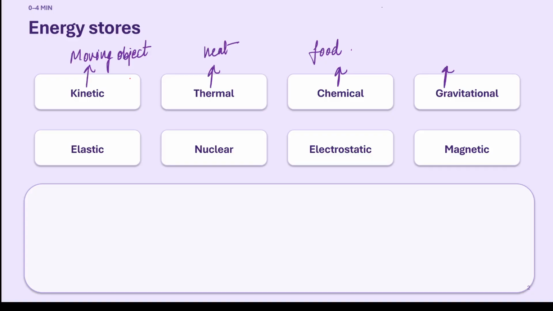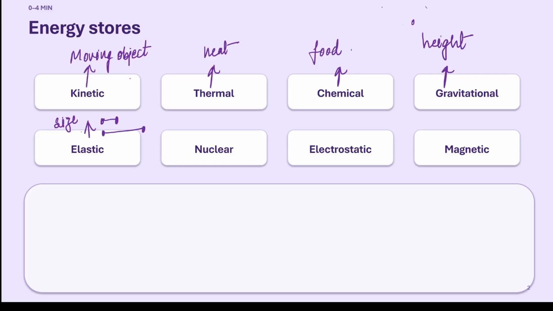Say if somebody is on the 10th floor, they will have more gravitational potential energy as compared to the person who is on the 5th floor. Elastic potential energy is because of the change in shape or size. Say if this is the size of the spring and I stretch it, I've changed the size of this. So shape and size is responsible for elastic energy.